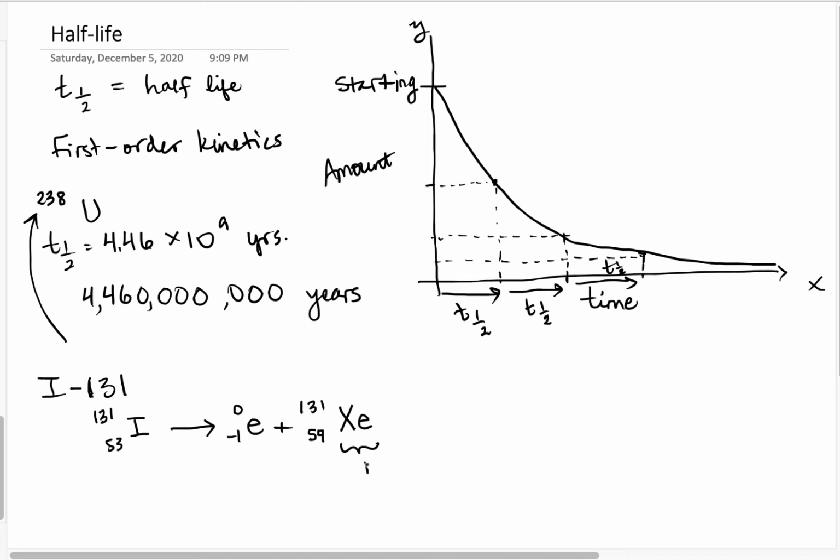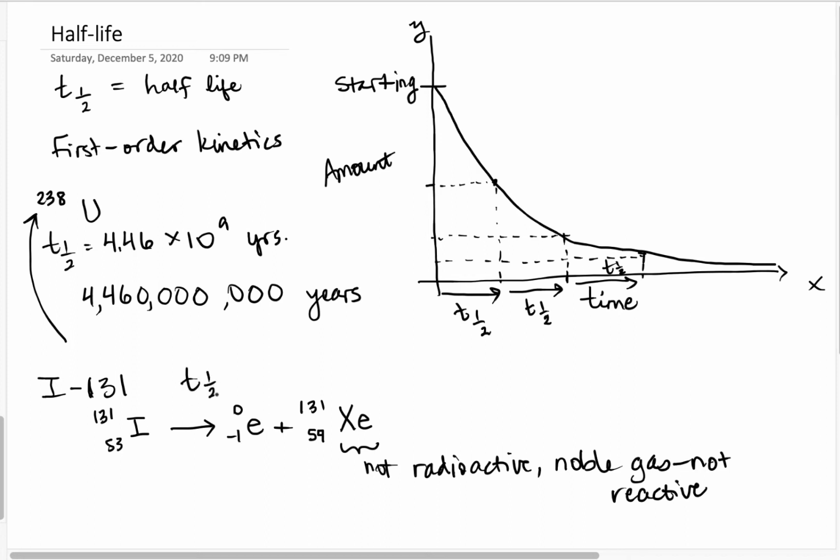It's not radioactive, this xenon-131. And not only that, it's a noble gas, so it's not reactive either. So once this iodine-131 decays inside the body, it produces a harmless, unreactive material that's not going to do anything in your body.